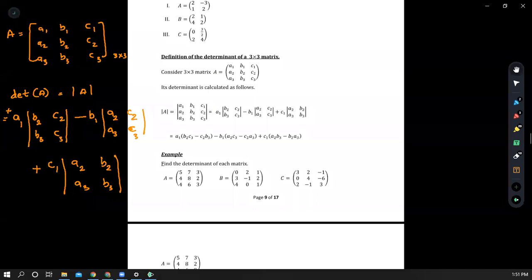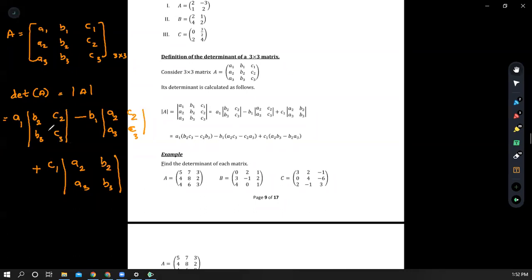Generally we don't worry about this initial plus sign, which is why we do not include it here, but the concept is plus, minus and plus. Using this theory, we have reduced this 3 by 3 determinant to 2 by 2 determinants.